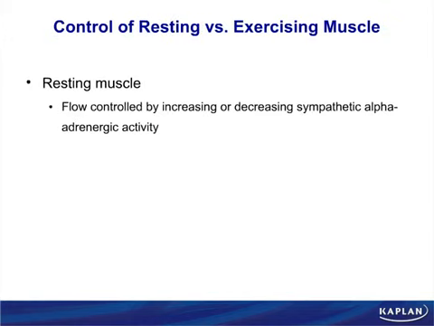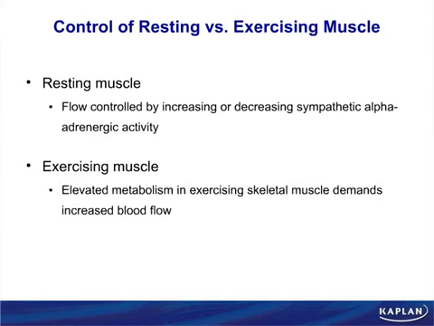All right, continuing on with the idea of resting versus exercising muscle. In resting muscle, it's sympathetic: norepinephrine alpha-mediated vasoconstriction. As we indicated also, exercising muscle becomes the CEO. It demands flow. So how are we going to increase that flow? Well, exercise is going to release metabolites.